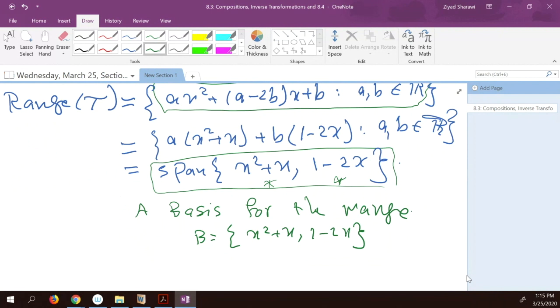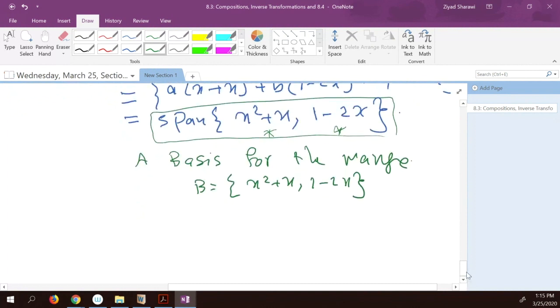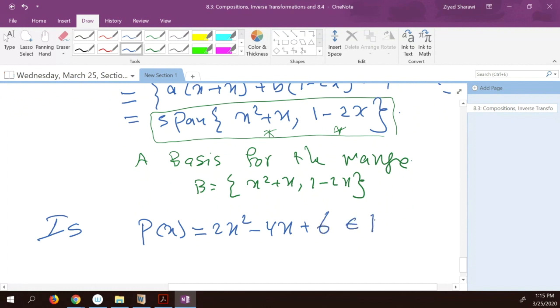All right. So now we understand the range. The range is going to be spanned by those two linearly independent vectors. Okay? So now let's go back to our question. Our question says, is this polynomial px equals 2x squared minus 4x plus 6 in range T?